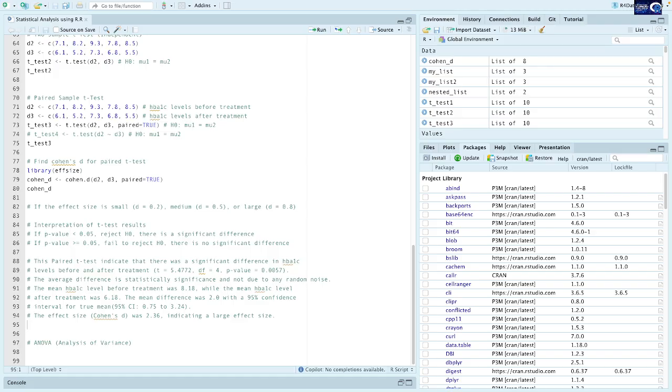Okay, so now this is the interaction plot. This is the output, so we will go through each of these things.